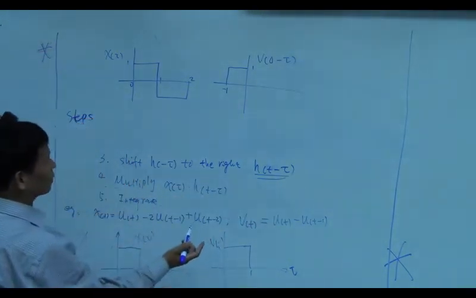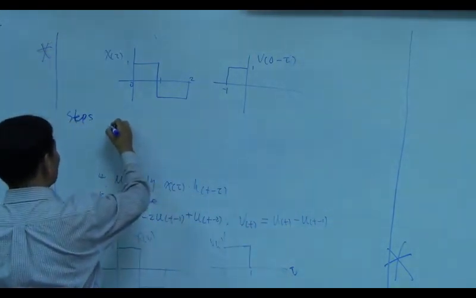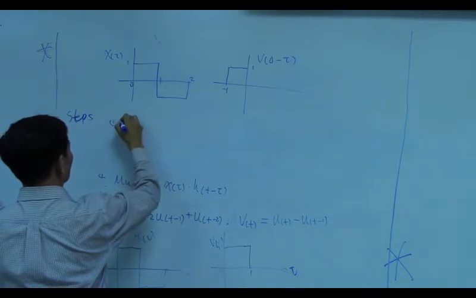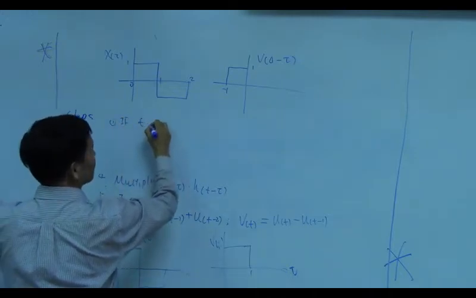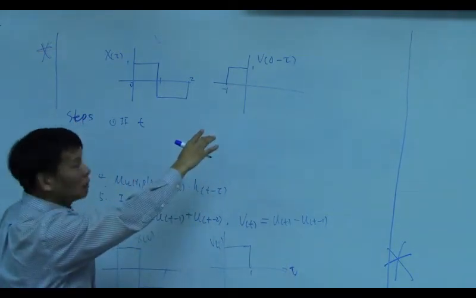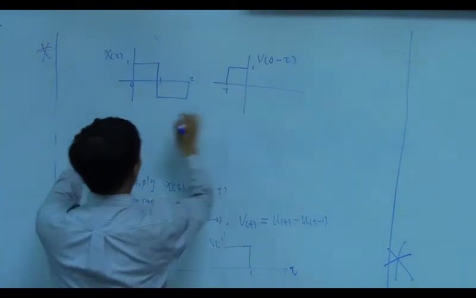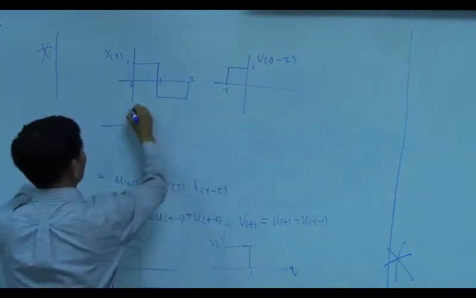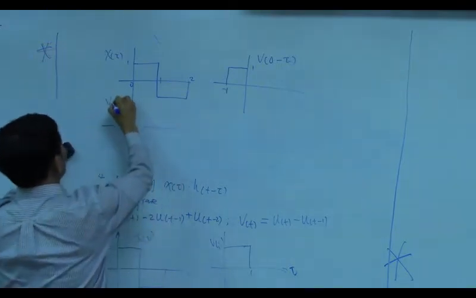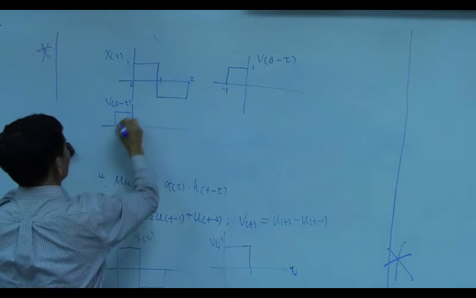So we need to consider, for example, the first one: if t equals 0, I will put this one after this one here. So this one is v(0 minus tau), so it will look like this, -1.